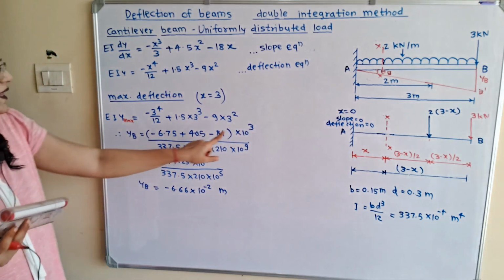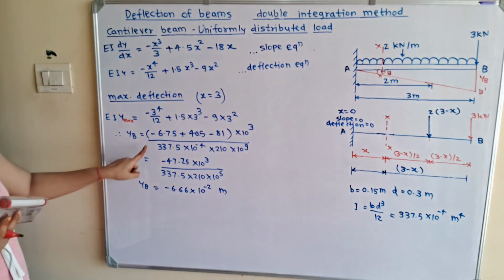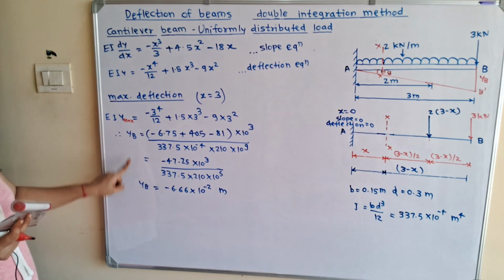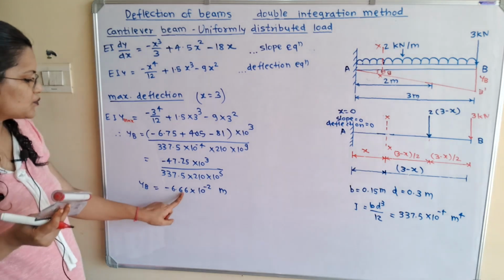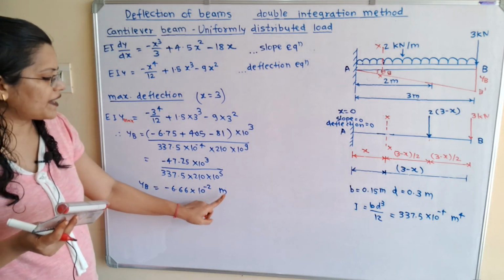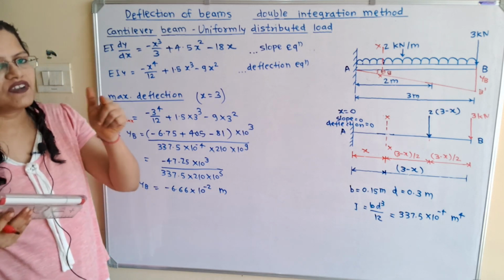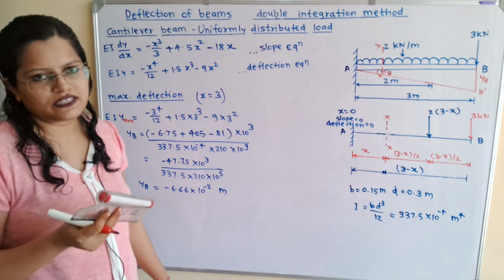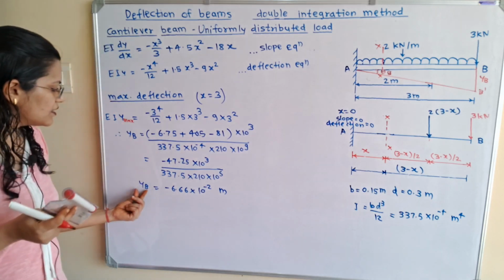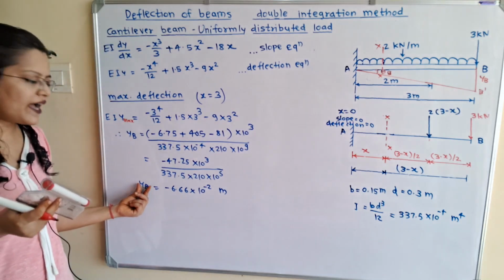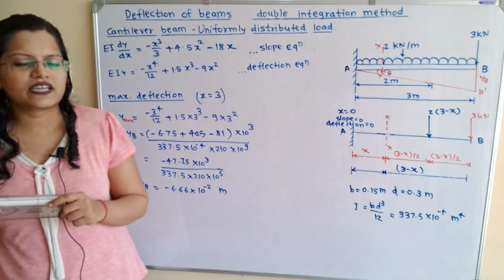So multiply this bracket with 10 raised to 3. When we solve this, we will get YB is equal to minus 6.66 into 10 raised to minus 2 meter. Now why this negative sign? Because the deflection is in the downward direction, and therefore this value of YB or y maximum has a negative sign.